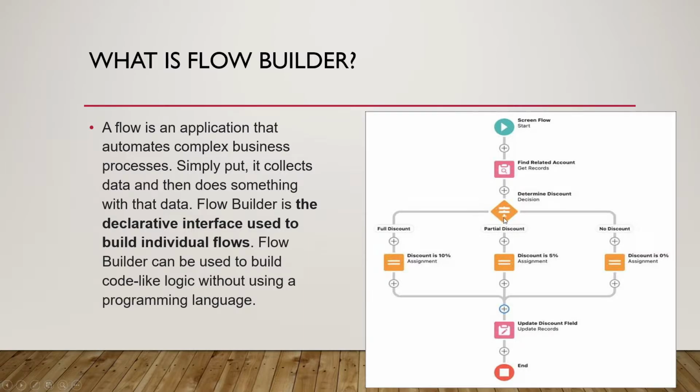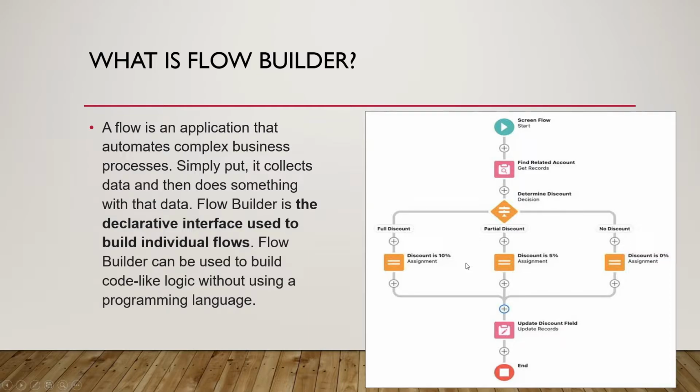Based on some condition, if it is going to no discount, then it will add discount as 0. If it is going to partial discount, then it will add the discount as 5%, and if it is going to full discount, it will add the discount as 10%. At least one of these will be executed, and then it will go to the next step, that is the update discount field.